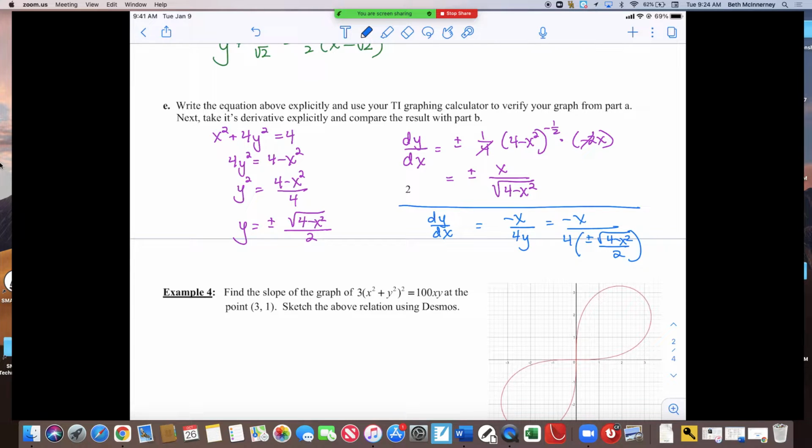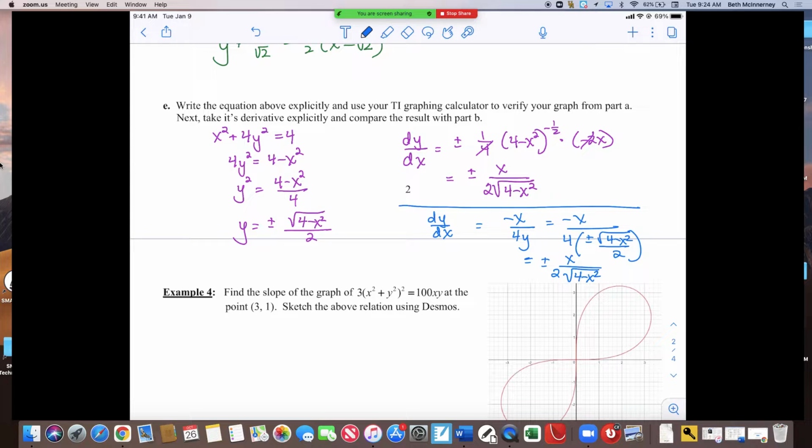Oops, sorry, I was like, wait, these are supposed to be the same. They're not. I lost my 2 there. There we go. So then look, that does give me plus or minus x over 2 square root 4 minus x squared. So if you can do it explicitly, you want to do it explicitly. But implicit, I think once you get the hang of it, it's really simple.